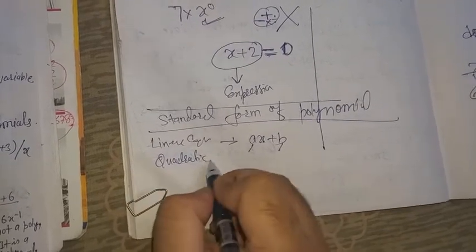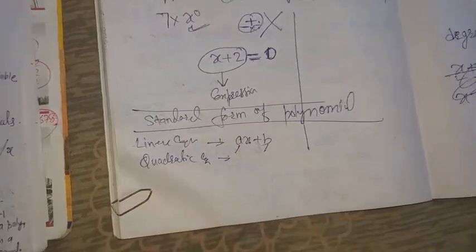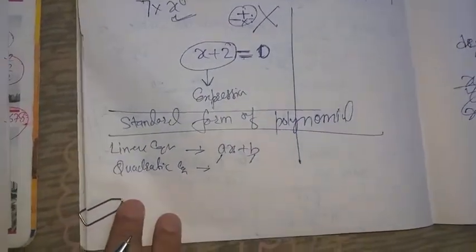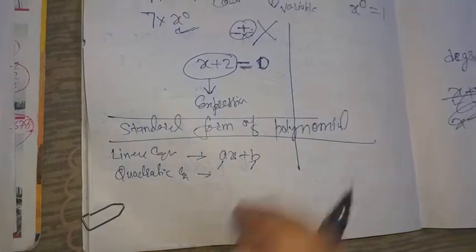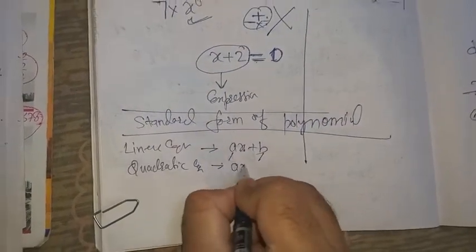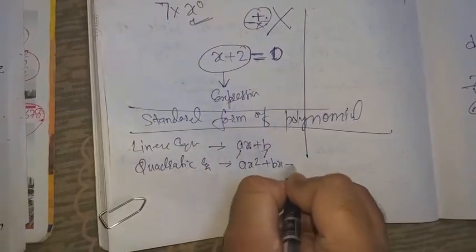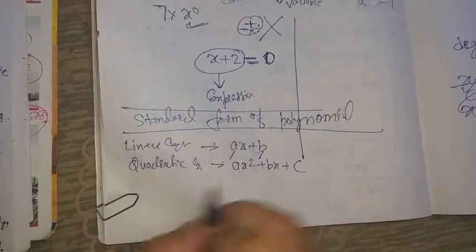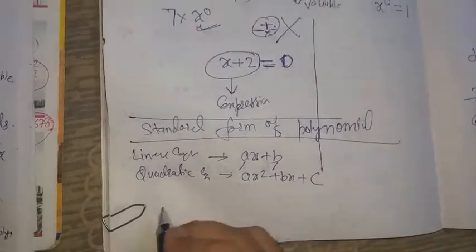Quadratic equation means those equations which have a highest degree of 2. It is denoted by ax square plus bx plus c, where x is the variable, and a, b and c are constants.